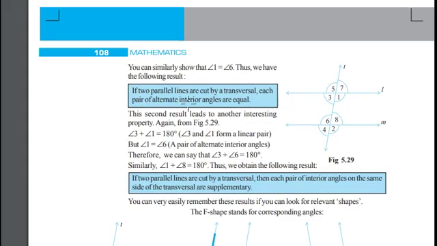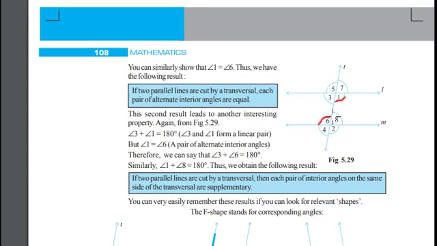If two parallel lines are cut by a transversal, then each pair of alternate interior angles are equal. We need to prove that a pair of alternate interior angles are equal if two parallel lines are cut by a transversal. We need to prove measure of angle 1 is equal to measure of angle 6.